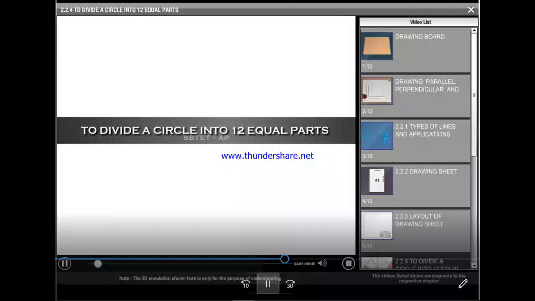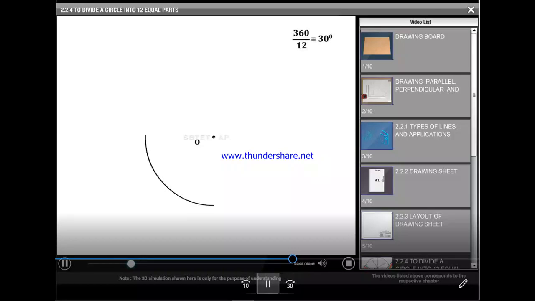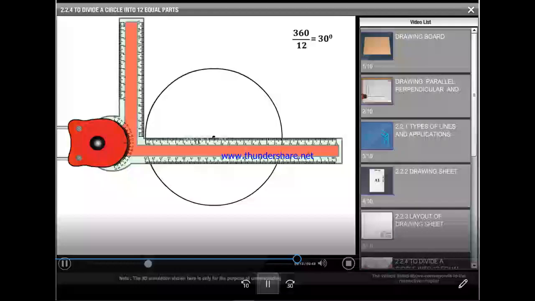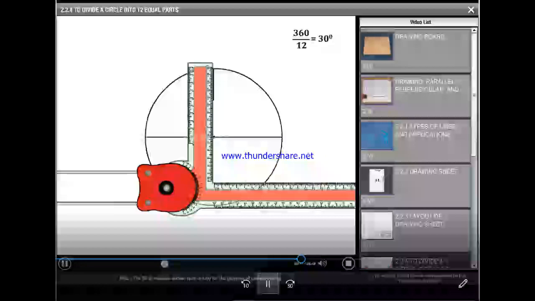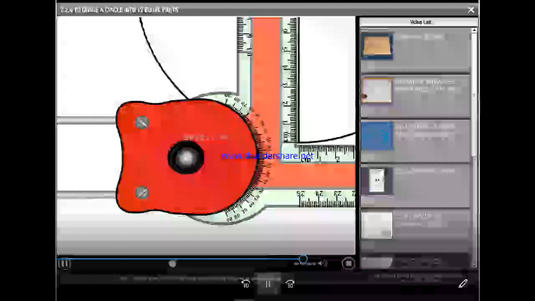In this video, we will see about the simple geometric construction of dividing a circle into 12 equal divisions. Draw the circle and using the two scales, draw two lines passing through the center of the circle.